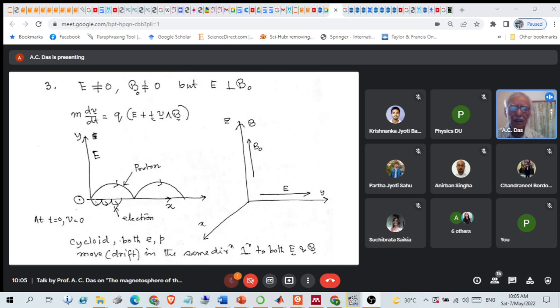And actually cycloid is the motion where if you fix a particle on the tire of your cycle, when it makes one complete cycle, it will make that, half cycle made by the proton. So that is actually the cycloid motion in geometry.